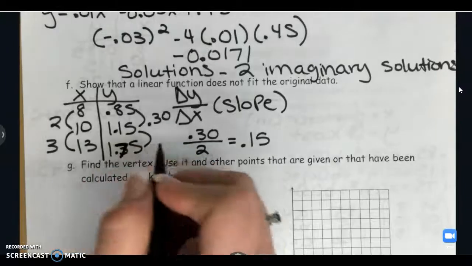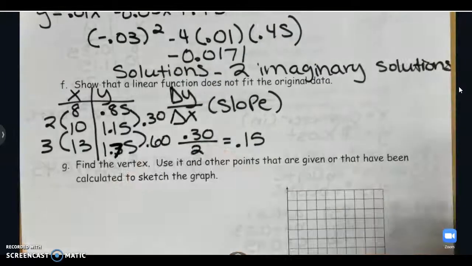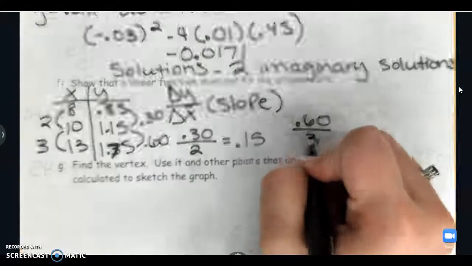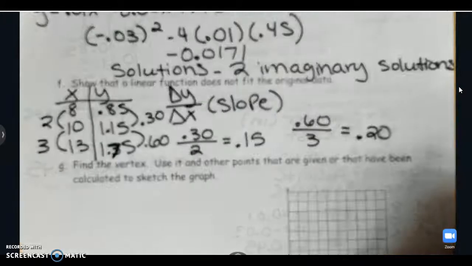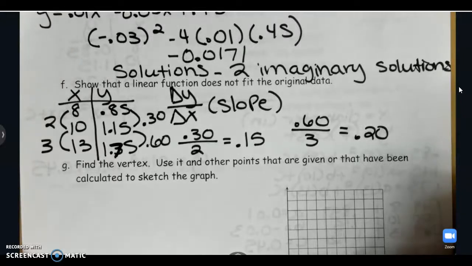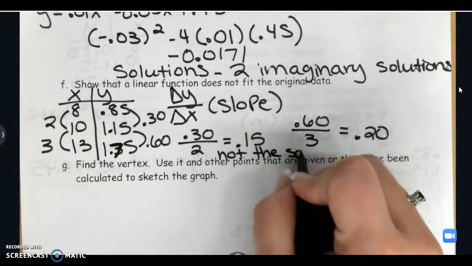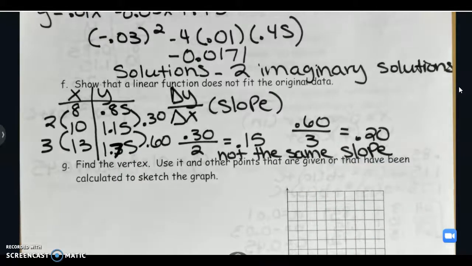I apologize. I wrote down the incorrect number. And that would be a change of 60 cents. So that change in y, 0.60 over 3, would be 0.20. So these are not the same slope, so it's not linear. So the change is not constant.